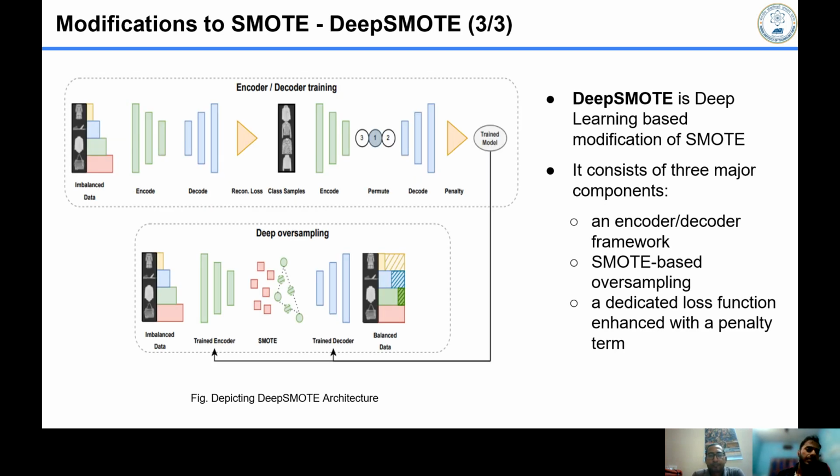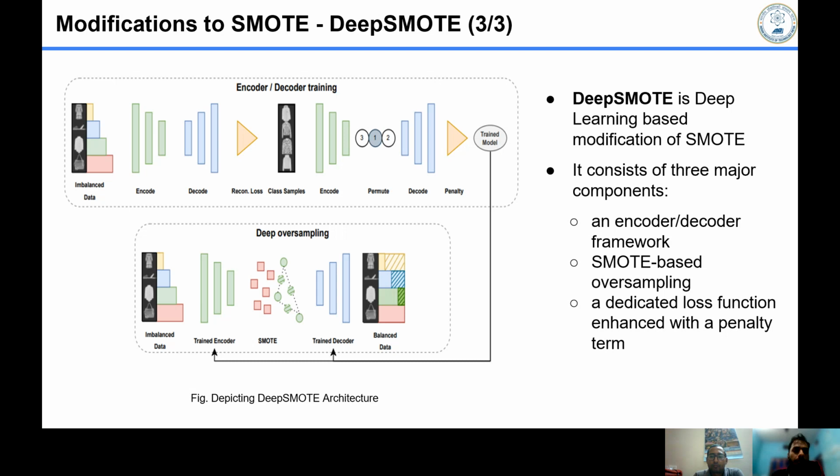There have been various changes tried on top of SMOTE. One notable change suggested using deep learning was DeepSMOTE, which extends the SMOTE algorithm by combining a deep learning framework.